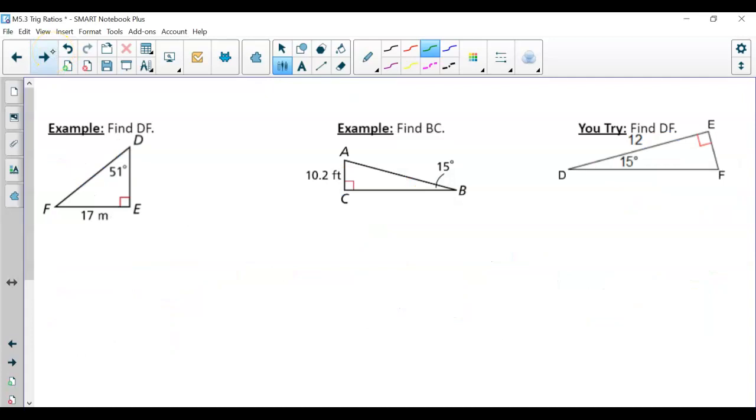Now, in these examples, we're still going to use SOHCAHTOA, but a little different. So now notice here, we're looking for DF. So here's DF. So notice how here's our reference angle. Also, I notice here our side opposite from the 90 is the hypotenuse.